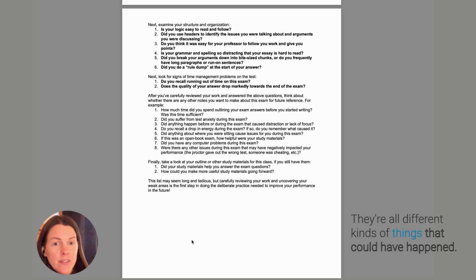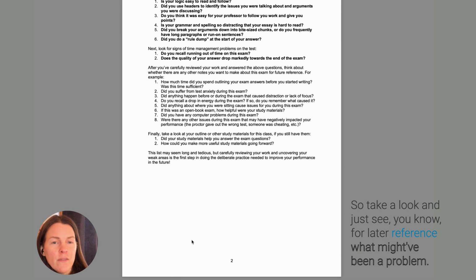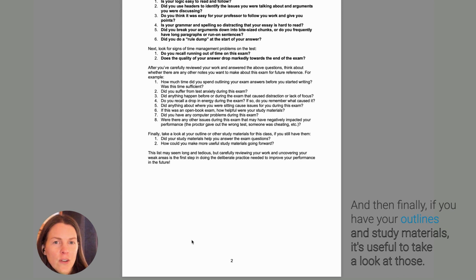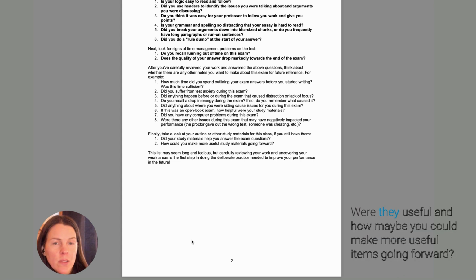They're all different kinds of things that could have happened. So take a look and just see, for later reference, what might have been a problem, just so you remember it when you're looking back later. And then finally, if you have your outlines and study materials, it's useful to take a look at those. So did they help you answer this exam? Were they useful? And how maybe you could make more useful items going forward.